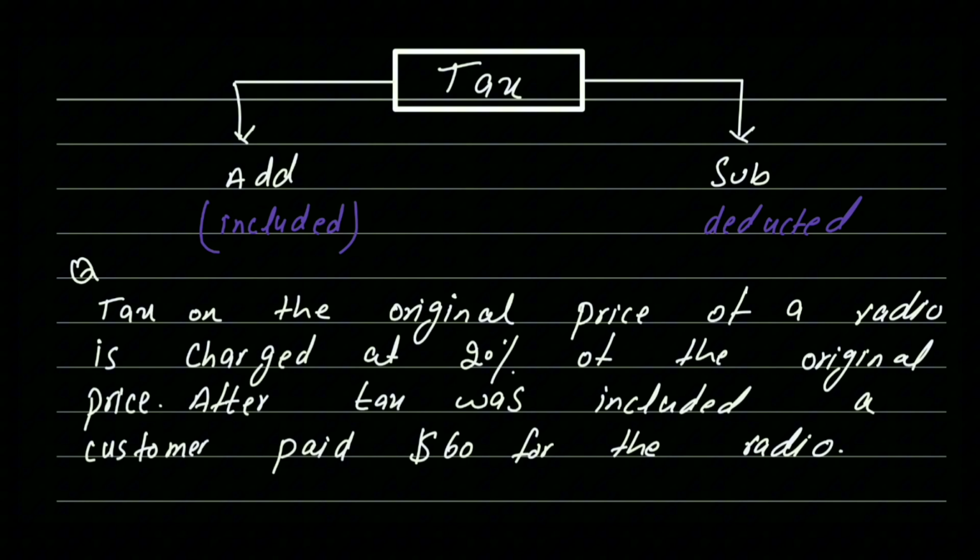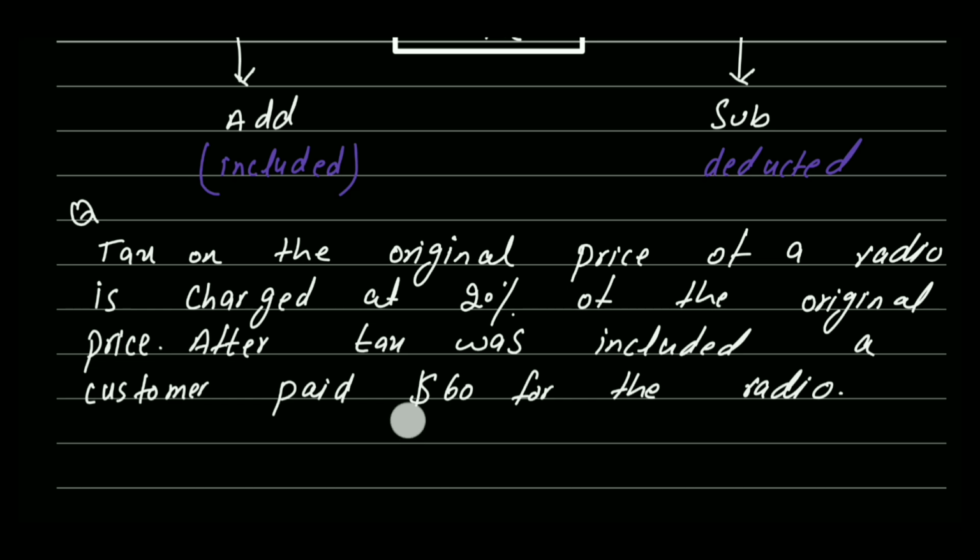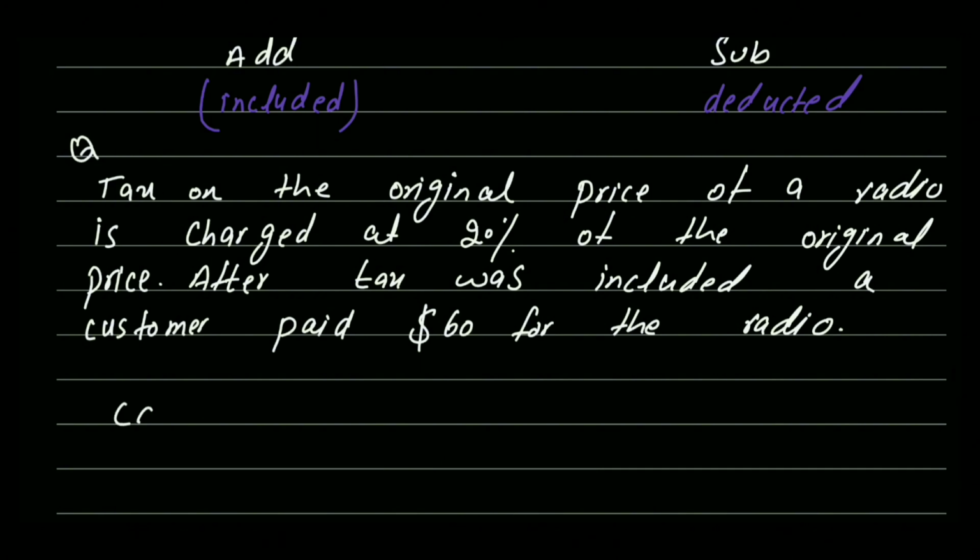So after tax was included, a customer paid $60 for the radio. Okay, calculate the tax charged.